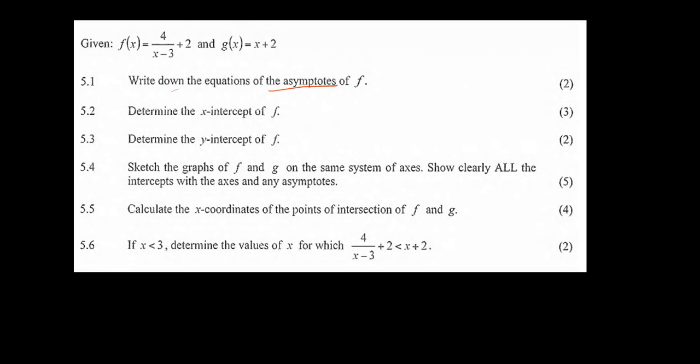So let me just write them down here, or let me just quickly make this a bit shorter. Okay, hopefully we can still see. So for 5.1, the asymptotes, let's start with the horizontal asymptote. For the horizontal asymptote, you check the value of q.